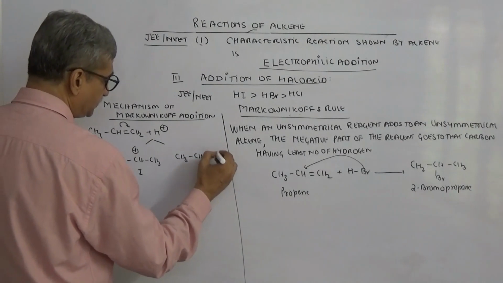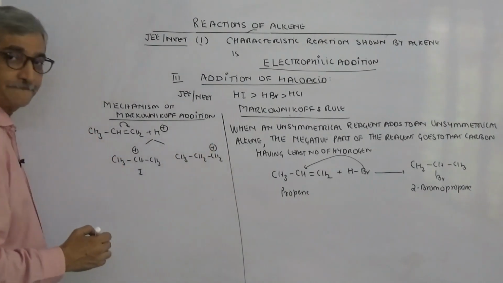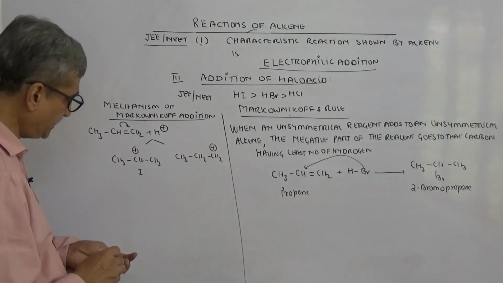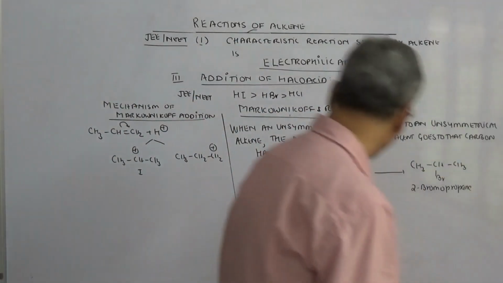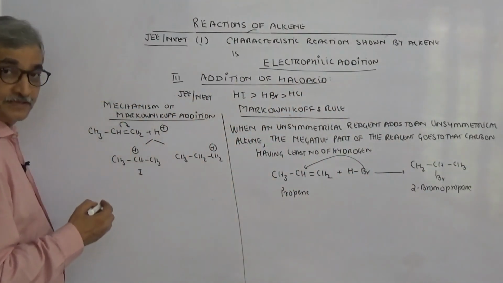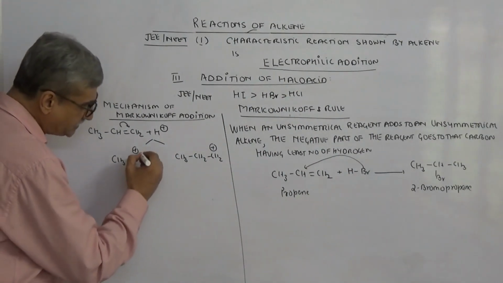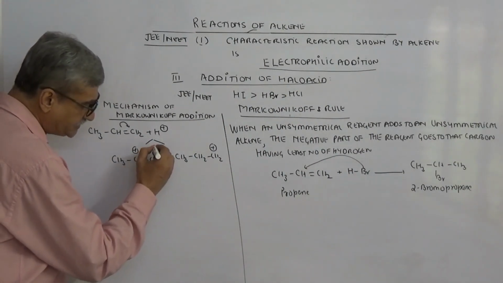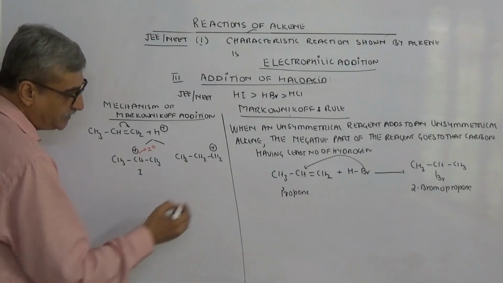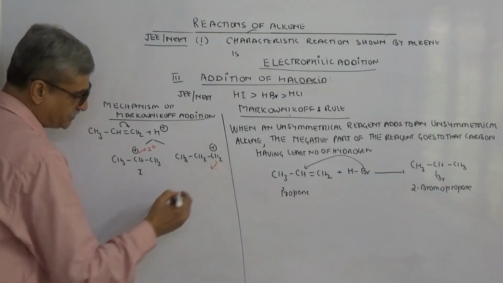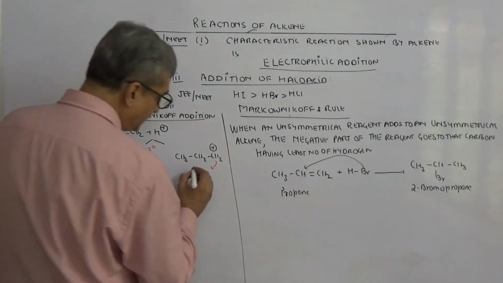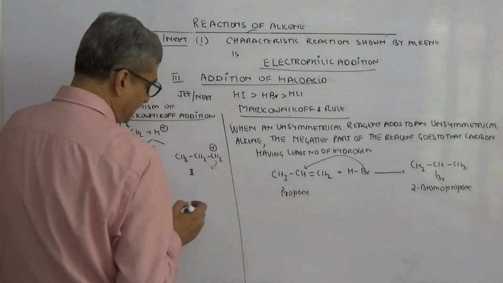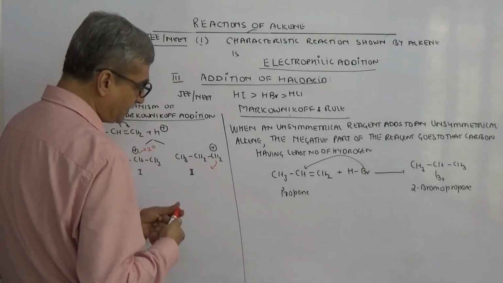or the other possibility, CH3CH2CH2 plus. In the first structure, the carbonium ion is secondary, and in the second structure the carbonium ion is primary.